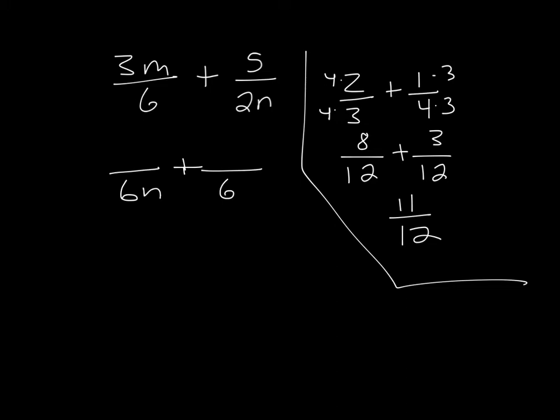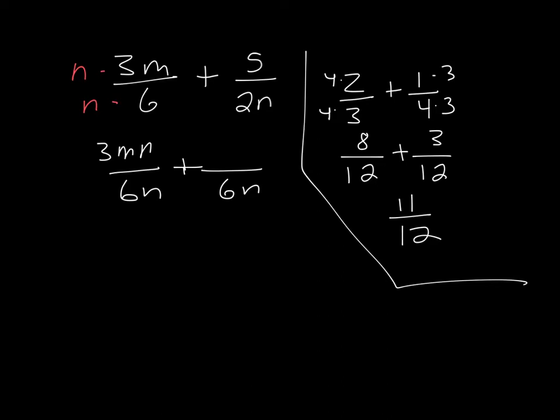I can easily make both of those denominators turn into 6n. The first one needs an n. So I'm going to multiply by n. That's how I'm going to create 6n there. So I have to multiply the top by n. And we get 3mn. I'm going to write it nicer than that. See, 3mn. Instead of writing n3m, I'm going to write 3mn.